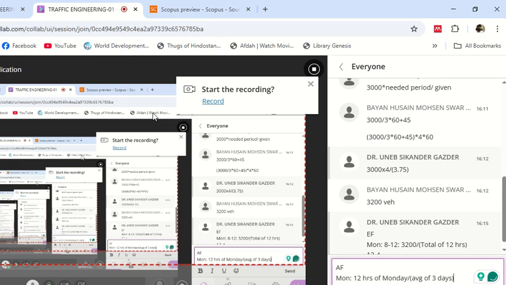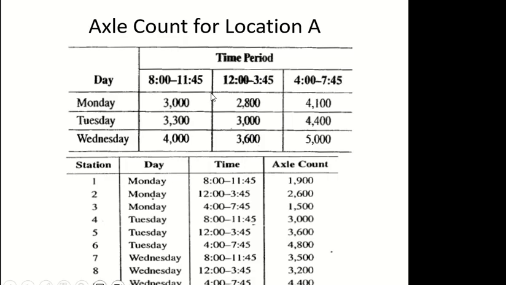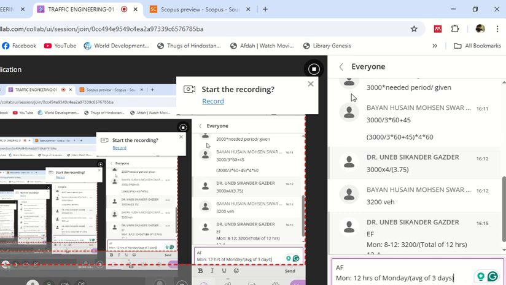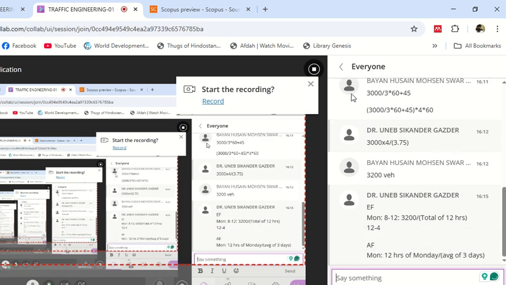Okay, so this will give you the adjustment factor for Monday, and the same will be done for Tuesday and Wednesday. So you will have three adjustment factors, and for each day you will have three expansion factors, because each day has 3 periods, 8 to 12, then 12 to 4, and then 4 to 8. Okay, so you will have an adjustment factor for each day, and you will have an expansion factor for each 4-hour period.